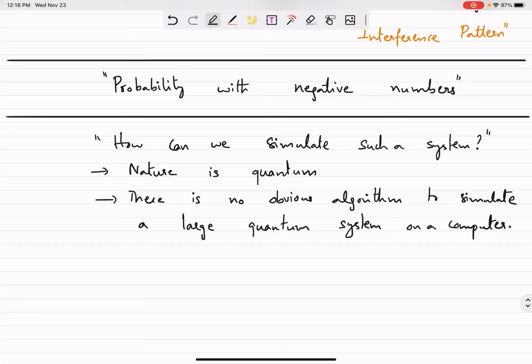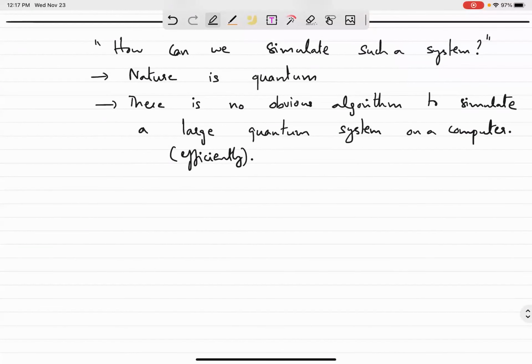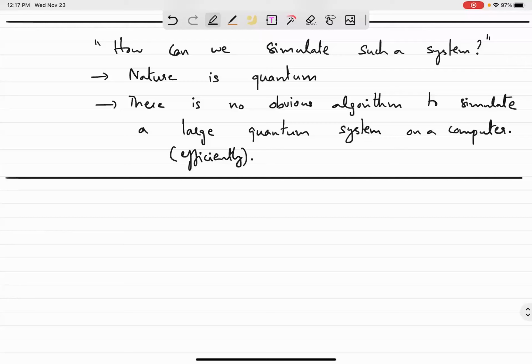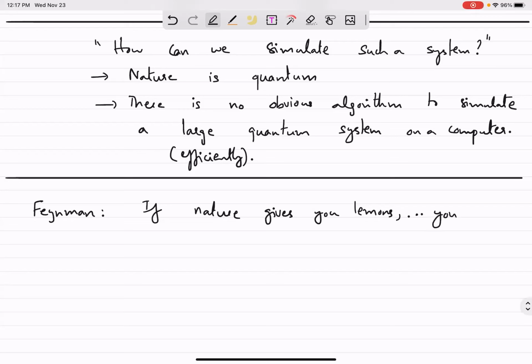You can simulate a large quantum system on a computer, but with some exponential losses, it's not very efficient. People knew this for a long time, but then came this almost tautological insight due to Feynman, among others, who said, if nature gives you lemons, what do you do? Well, you make lemonade.